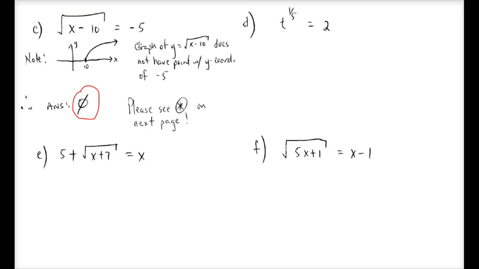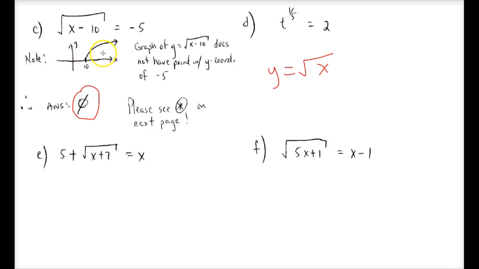As I explained earlier in the series of videos for radical expressions, we talked about what the graph of y equals square root of x looks like and how we can only consider non-negative answers for y in this case, okay? Now, similarly here, the graph of square root of x minus 10 sort of looks like this, okay?